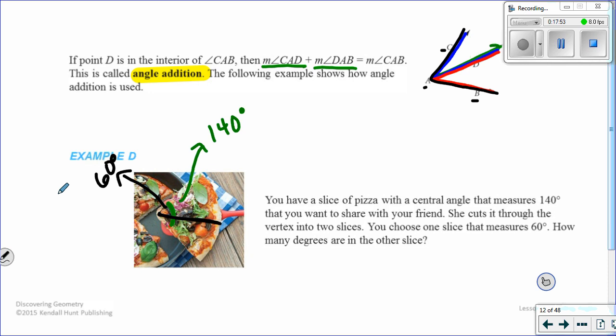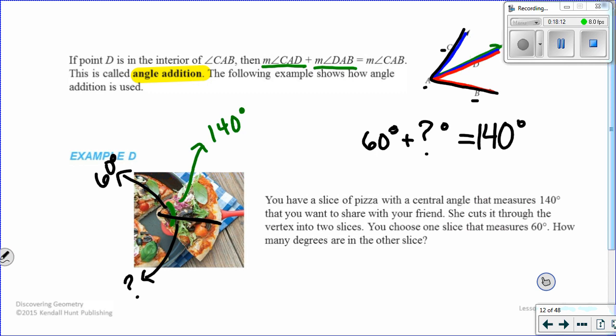Well, if that angle is 60 degrees, what's this angle going to be? We can set up a very simple equation to solve that. So it looks like 60 degrees plus something degrees is going to give me 140 degrees. So 60 plus what is 140? I could say subtract 60 from both sides, or I could just say, well, I know that 60 plus 80 is 140, so that other slice is 80 degrees in an interior angle.